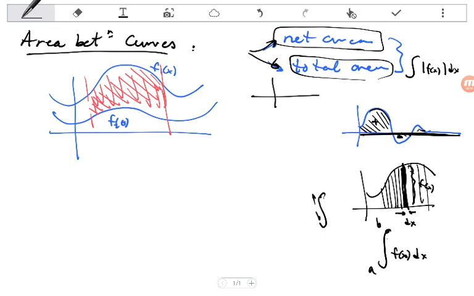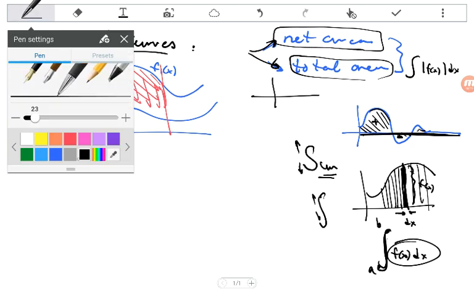So this symbol of integration is just an S but stretched. This is the S of sum. It is just summing these infinitesimal areas. Okay, now we will just use the same idea here.